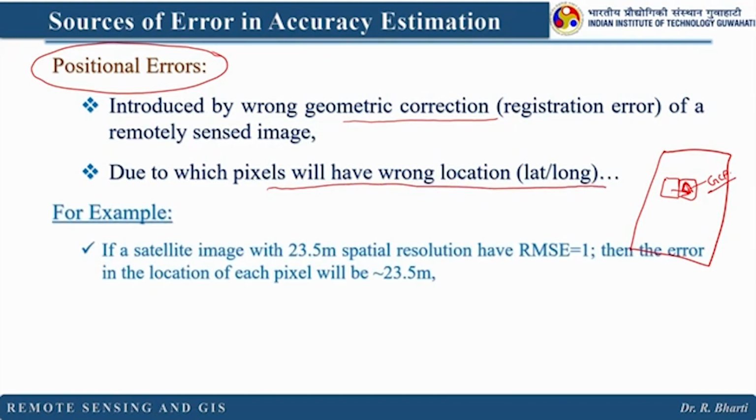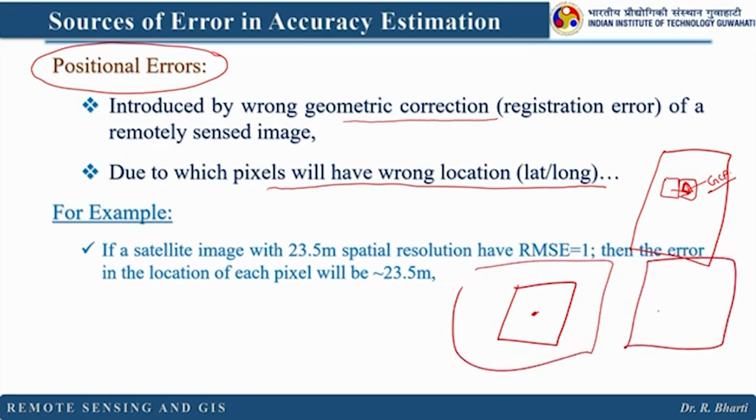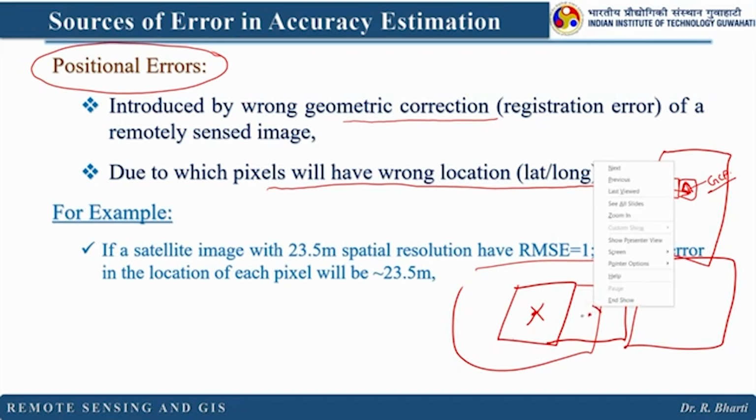For example, if a satellite image with 23.5 meter spatial resolution has RMSE 1, then the error in the location of each pixel will be approximately 23.5 meter. So if you have a pixel which was supposed to be here, if this is the image, but because of the error it has been shifted. So this x value, which was supposed to be here, got shifted here, right, and which was supposed to be the position of y.